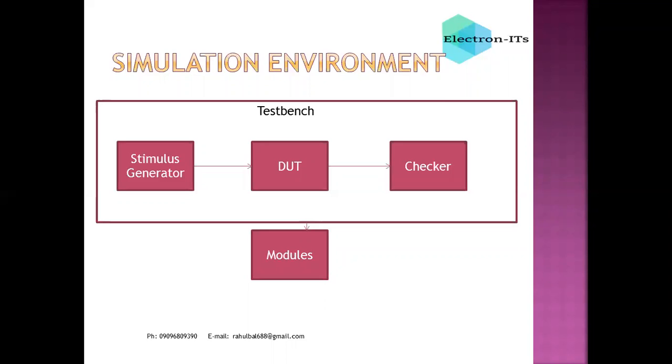DUT unit will generate an output which we have to apply to checker circuit, in which another input will be from the reference model. It will check whether the output is working properly or not, and then in combination with test bench, multiple models in the design will work. This is general architecture of simulation environment.